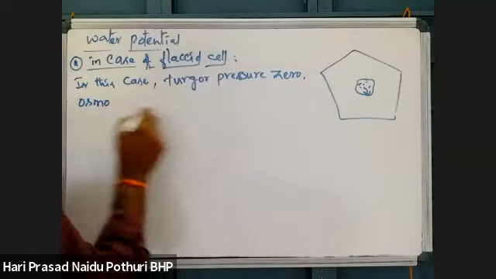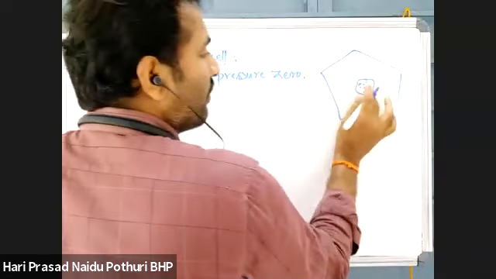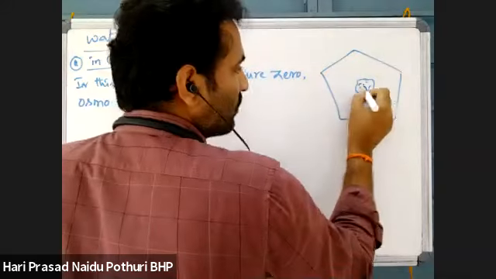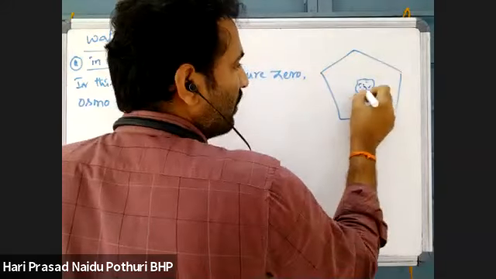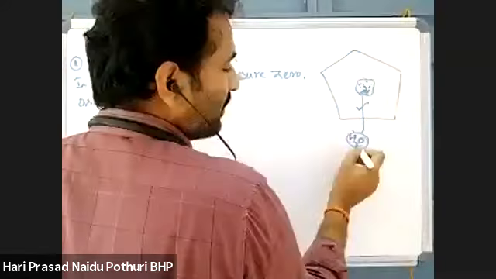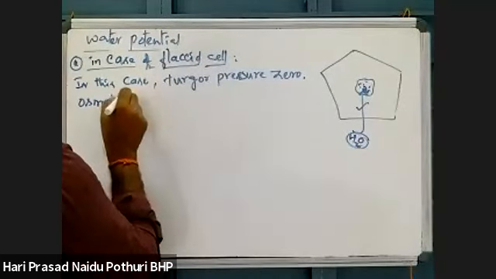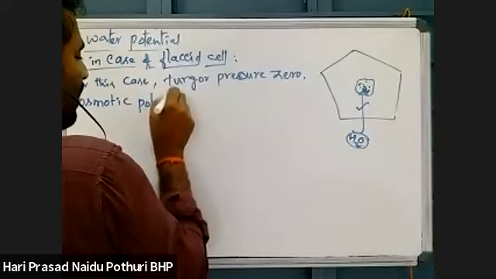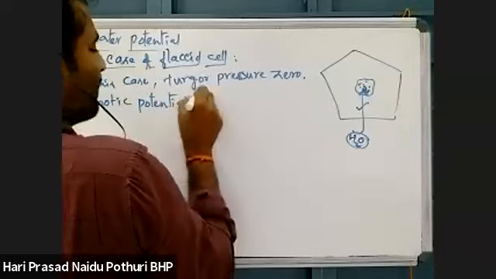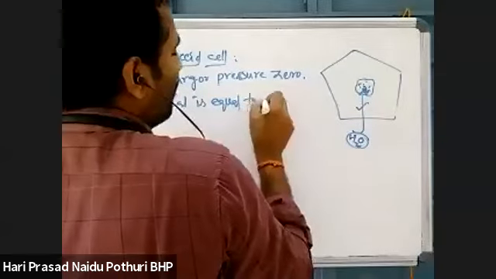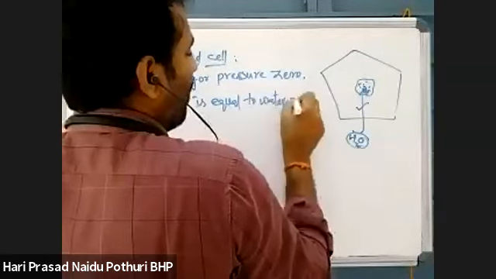As the turgor pressure is zero here, from inside to outside there is no opposite force. So only osmotic pressure is there. So whatever the amount of potential present in water, that is present for this osmotic also. So osmotic potential is maximum or equal to water potential.